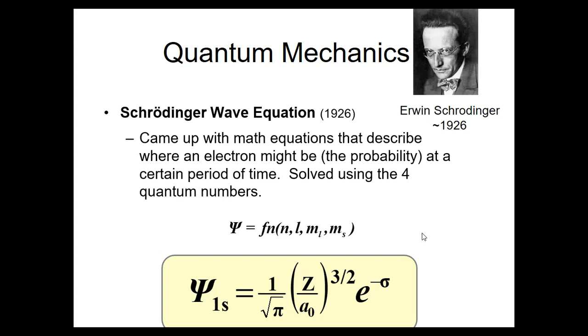Here we have a value that's dependent on 4 variables that we plug into the equation. These are very complicated calculations. So we're going to be going over what each of these 4 variables represents and how those relate to where the electron is in an atom.